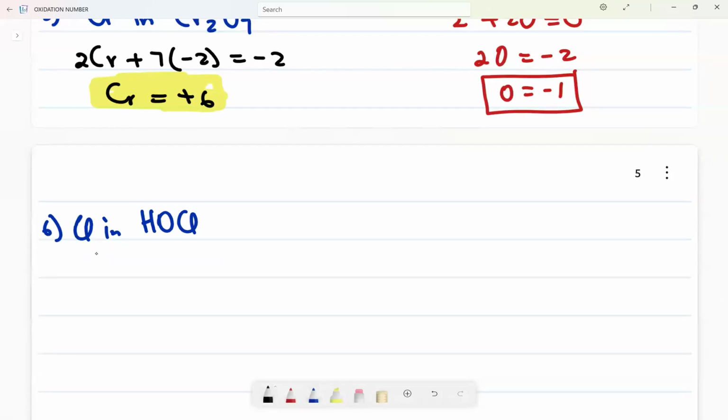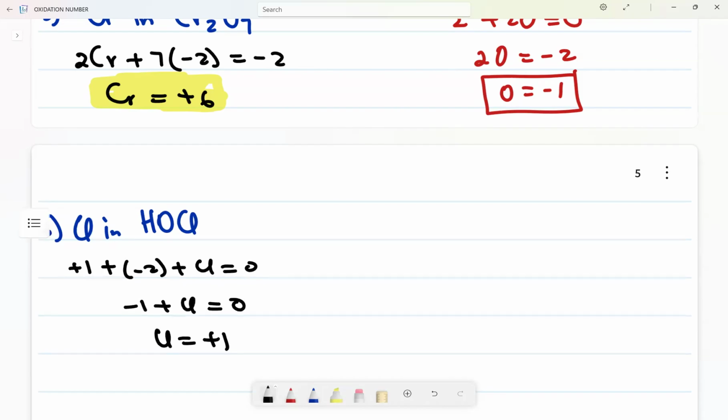So hydrogen is 1, plus oxygen, which is -2, plus Cl, equal to 0, which is 1 minus 2, which is -1, plus Cl equal to 0, and then Cl is equal to plus 1. So can you see that here Cl is equal to plus 1.